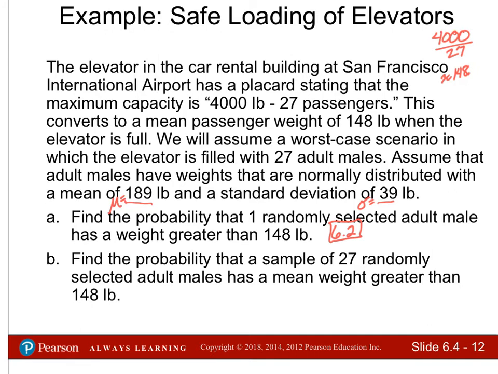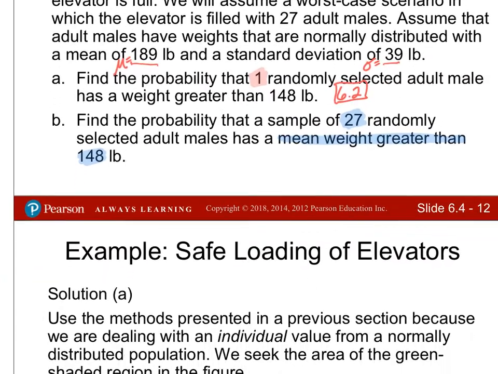Okay, so notice the difference. In this first problem, we're saying, what's the probability that one person has a weight greater than 148? And then in the second one, we're asking, what's the probability that a sample of 27 has a mean weight greater than 148? Okay, so part A we can answer using 6.2 methods.